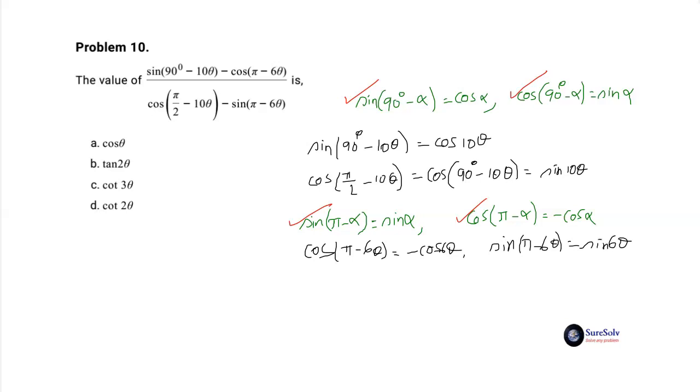Substitute these results to simplify the direct expression as E equal to cos 10 theta plus cos 6 theta divided by sin 10 theta minus sin 6 theta.